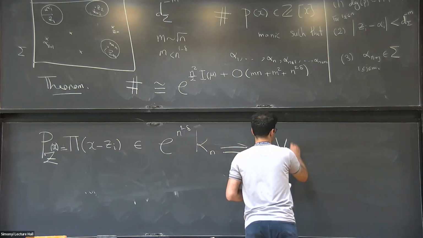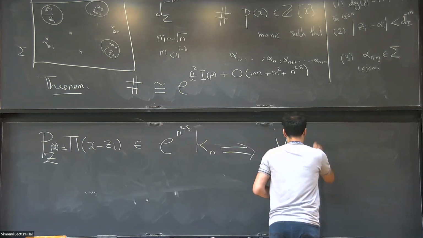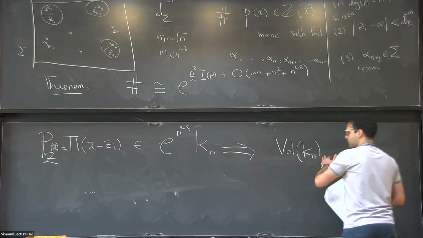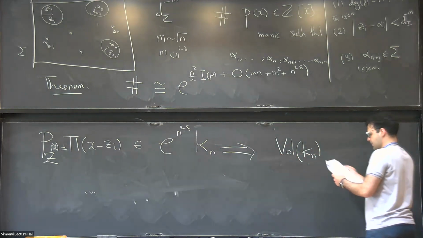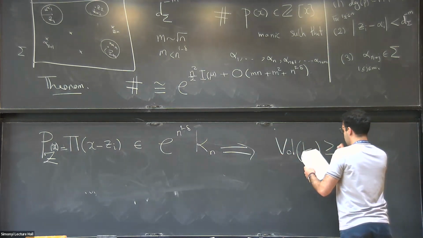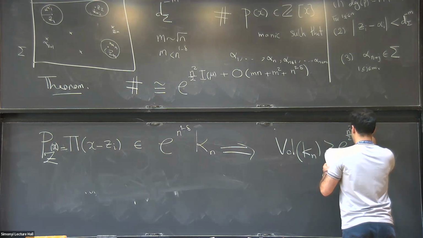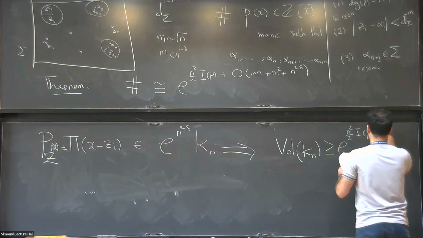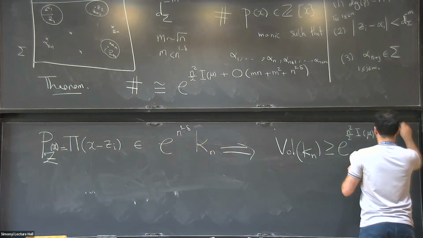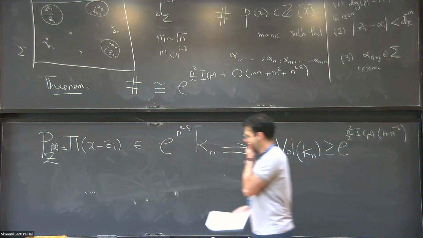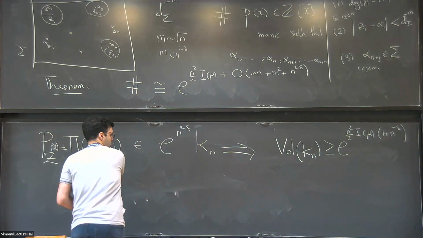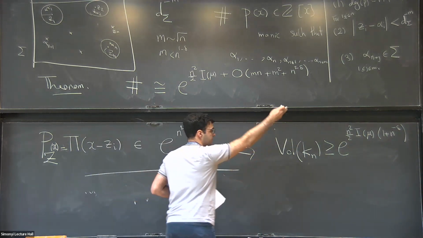You need to reduce it to a Vandermonde determinant and do some estimates, but that implies the volume is bigger than the exponent that we wrote with the power C. So basically we know the volume is large because we can sample points.